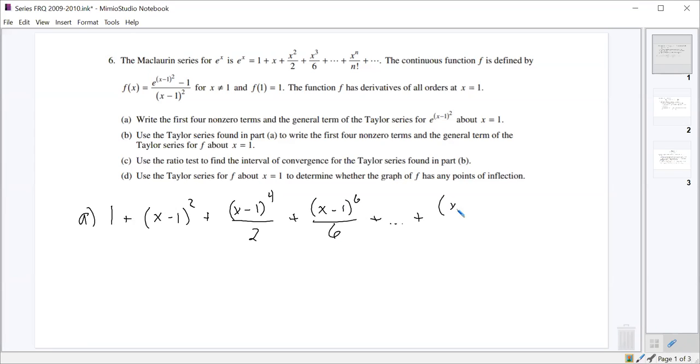And what does your general term look like? It should look like (x minus 1) squared to the nth, or (x minus 1) to the 2n, and then divided by n factorial. Is that what you guys got for part A?